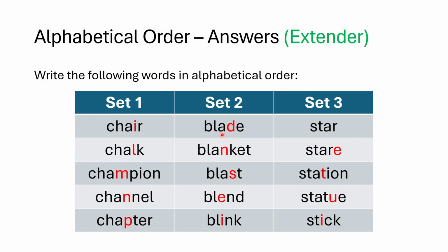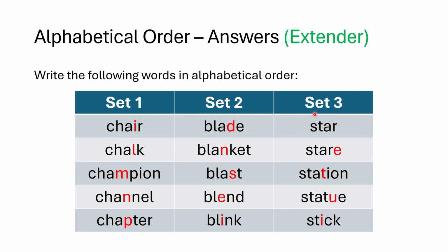A comes first, then E, then I. The fourth letter in blade is D. The fourth letter in blanket is N. The fourth letter in blast is S. D, N, S. Then we have the third letters A, A, A. The next third letter will be E, and the next third letter is I.